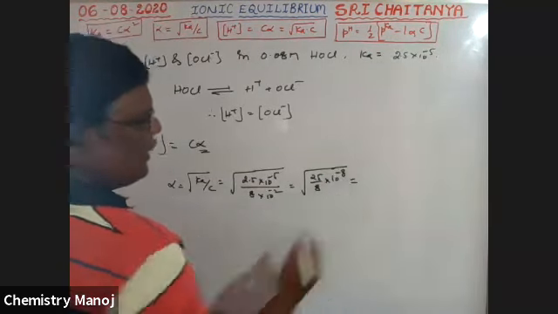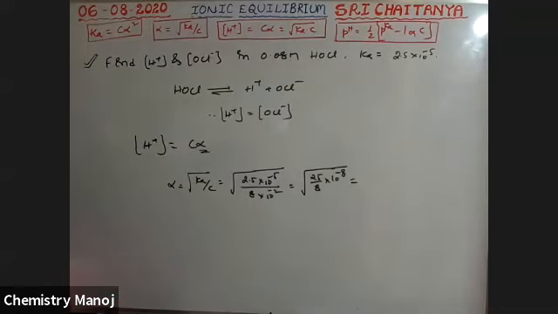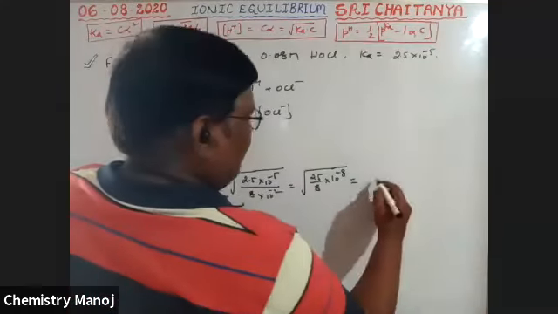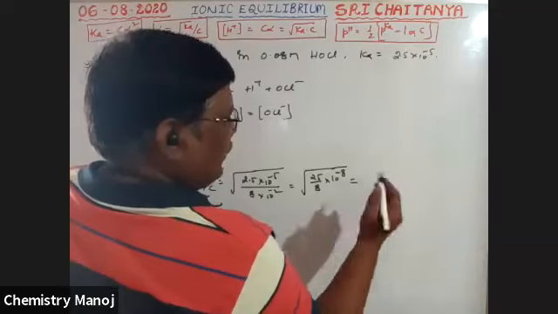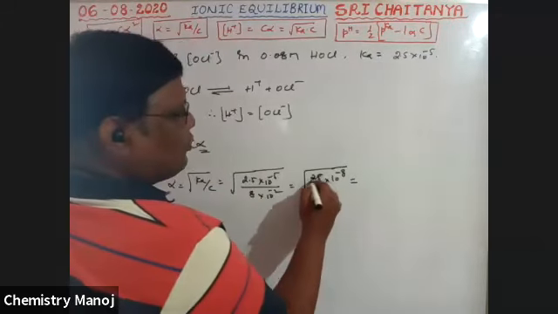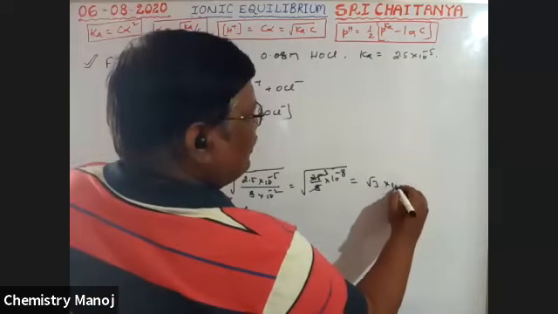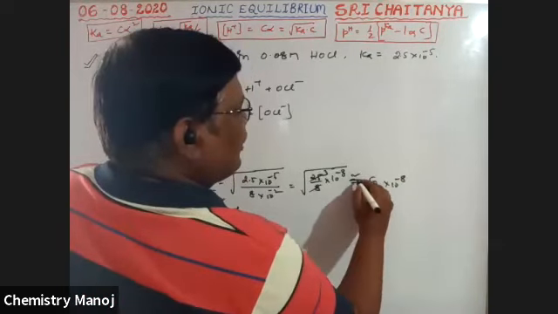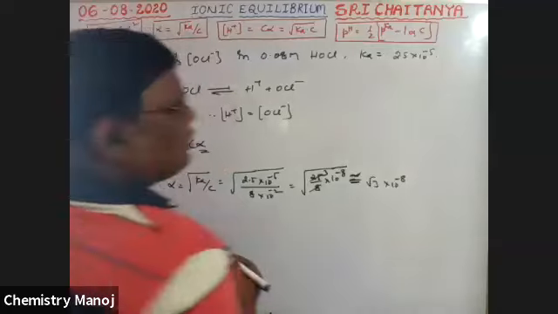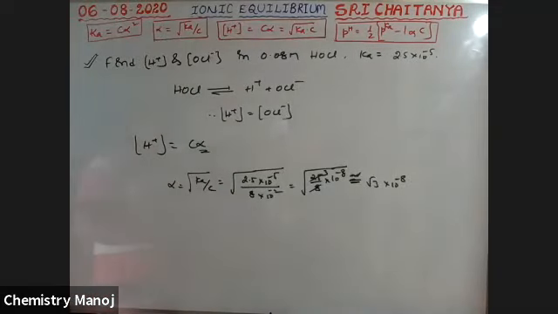So that is why the answer is roughly, boys, almost 3 times. Root 3 into 10 power minus 3, almost and not exactly, roughly the value. It is alpha value.